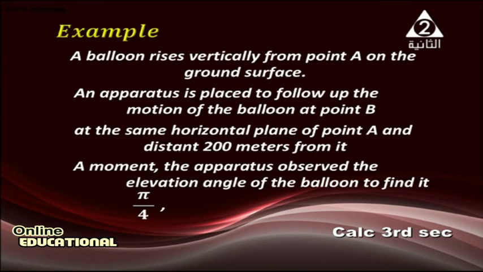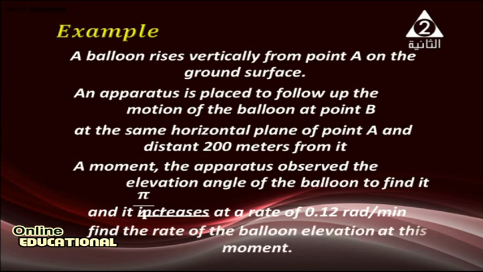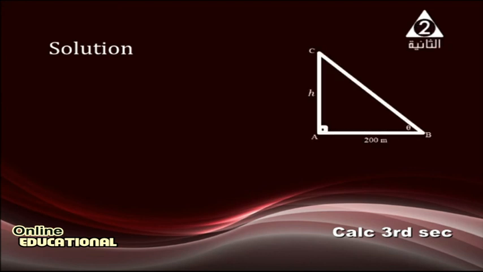At a moment, the apparatus observed the elevation angle of the balloon to be π/4, and it increases at a rate of 0.12 rad per minute. Find the rate of the balloon elevation at this moment. We have a balloon rising vertically from a point A on the ground, and at a point B there is a man observing the motion of the balloon.